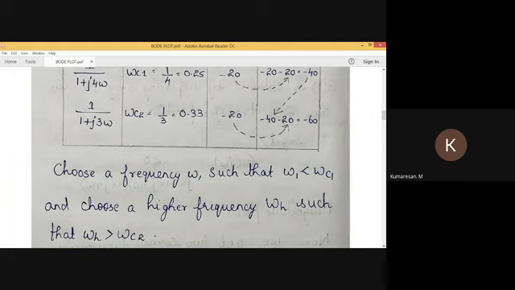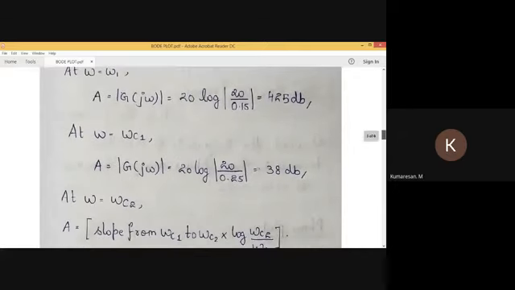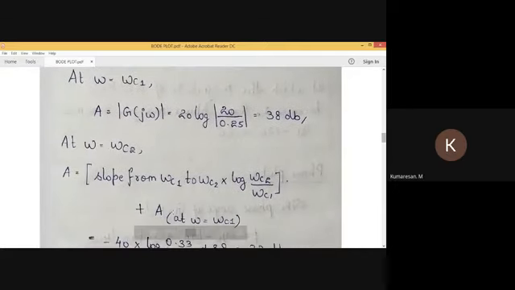So after the second magnitude, you are going to use this formula. The slope change starts from the second to the third term.